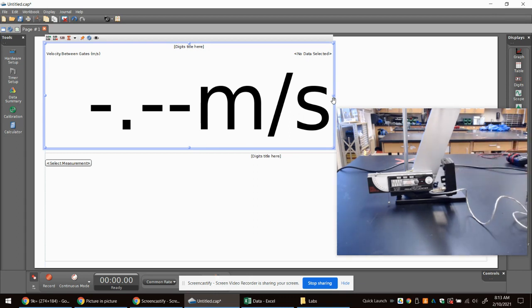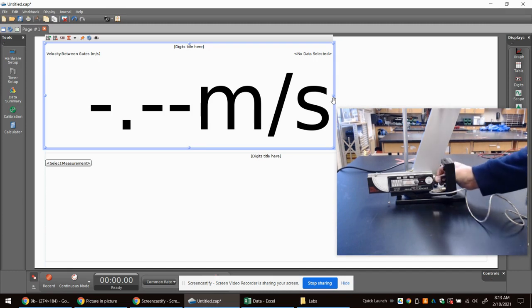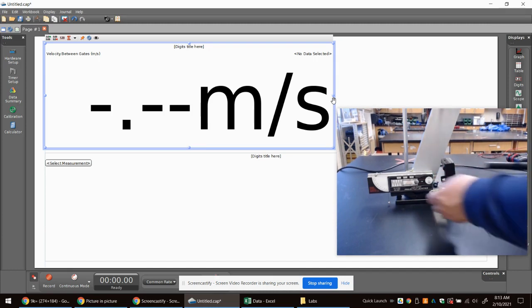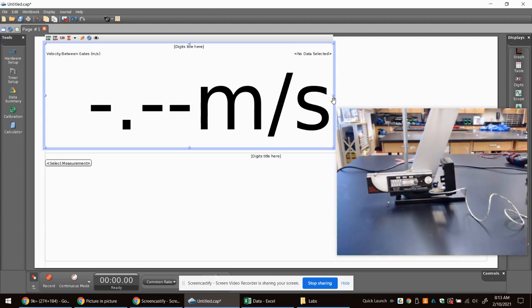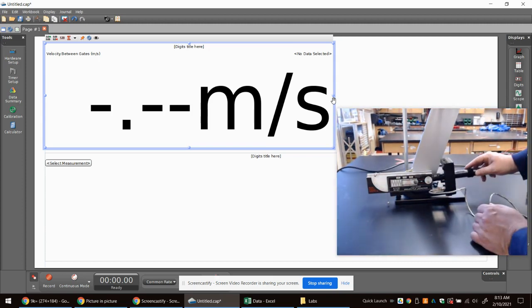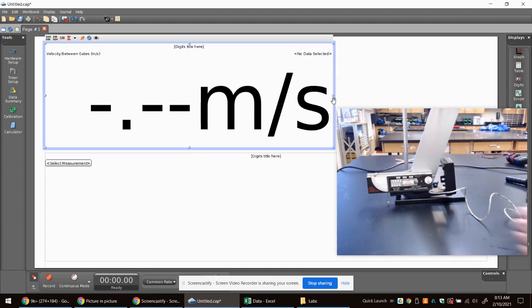In this case, we're using a USB link into the computer, and I am going to place the ball in the projectile launcher, push it back one click, and make sure the ball is seated in the back of the launcher.